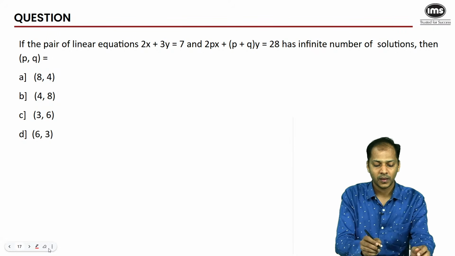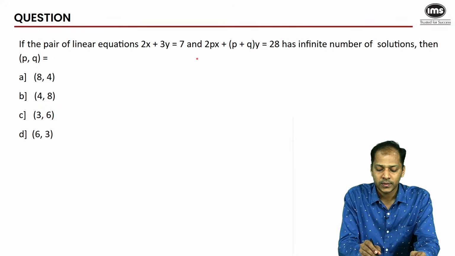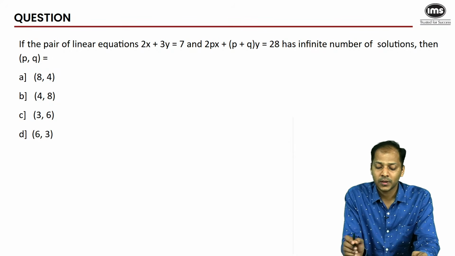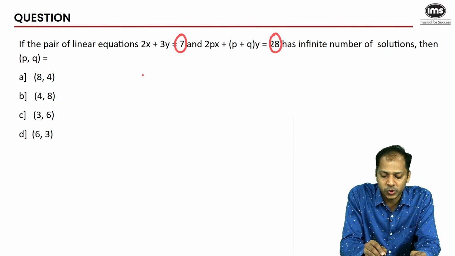Let's quickly check. The pair of linear equations 2x plus 3y is equal to 7 and 2px plus (p plus q)y equal to 28 has infinite number of solutions. For the number of solutions to be infinite, the ratio has to be the same.